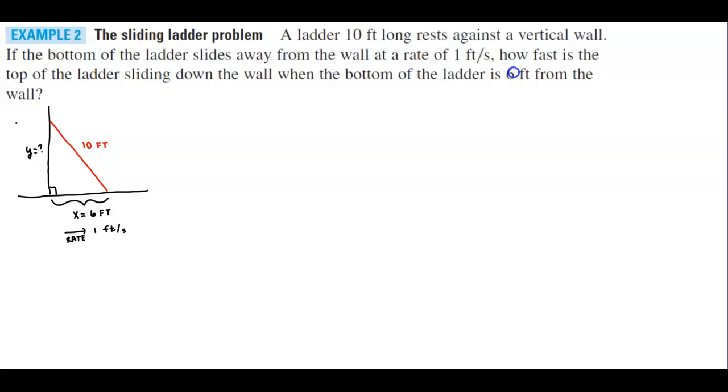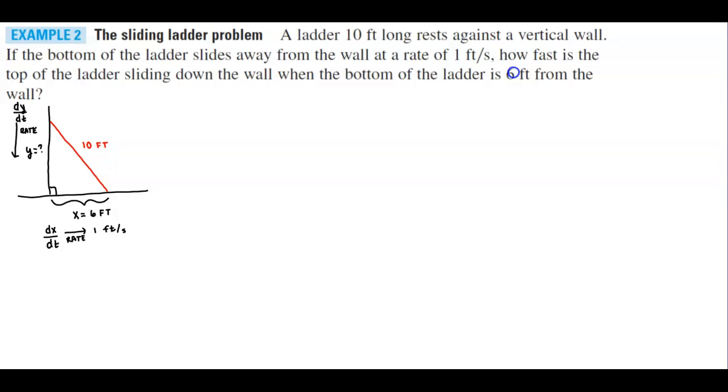So we want to figure out what the rate is here. This represents dx over dt, because that represents the variable x with respect to t.